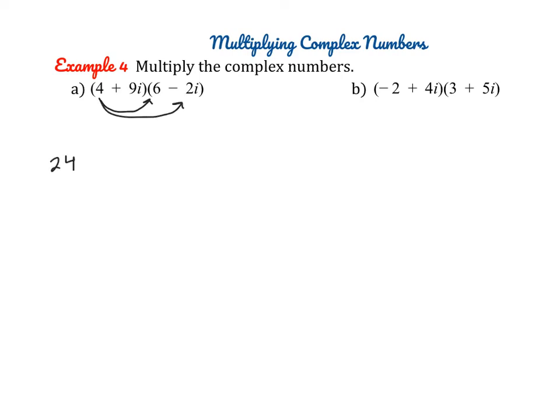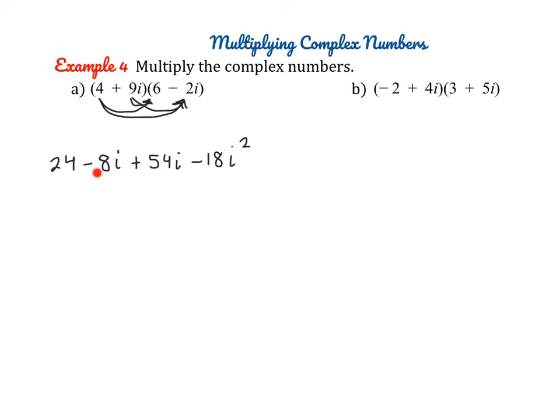And then 4 times -2i, which is -8i. And then we have 9i times 6, which is 54i. And then last, we have 9i times -2i, which is -18 i squared.